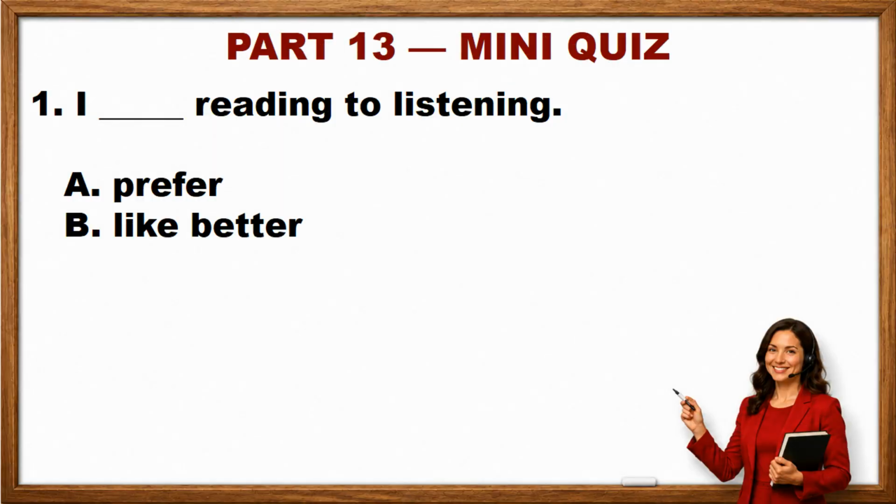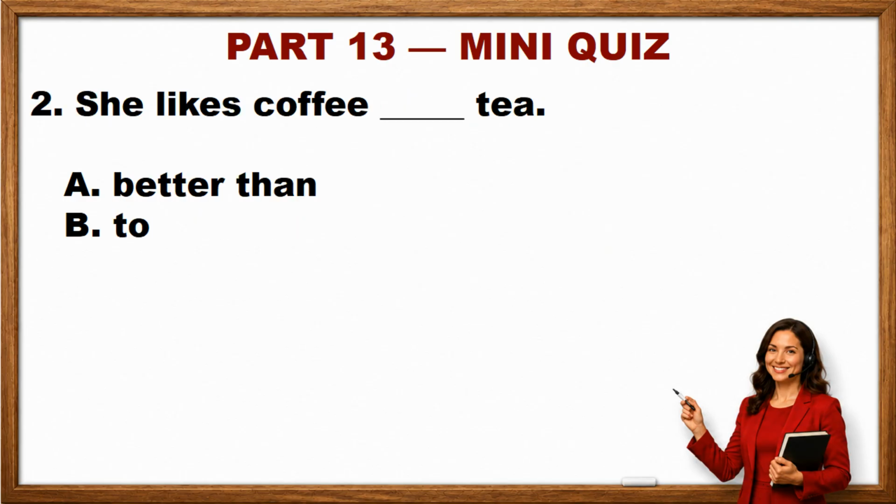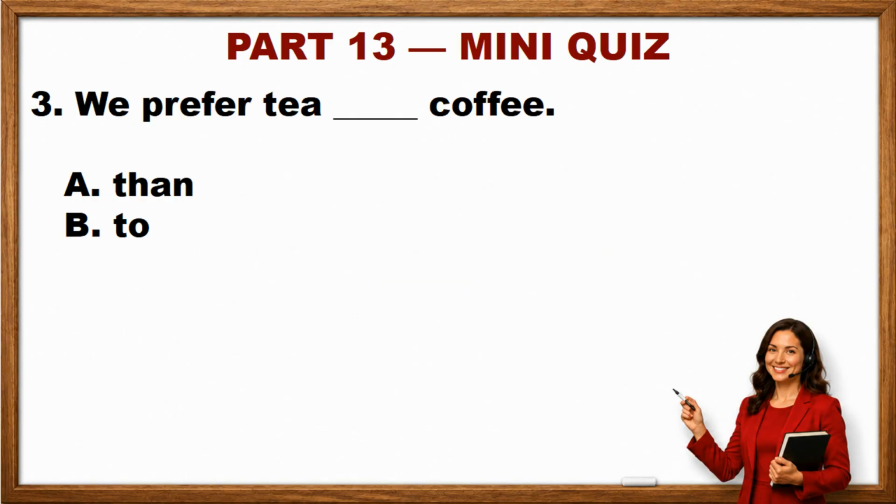Part 13. Mini quiz. Choose the correct answer. 1. I blank reading to listening. A. Prefer. B. Like better. Answer. A. 2. She likes coffee blank tea. A. Better than. B. To. Answer. A. 3. We prefer tea blank coffee.